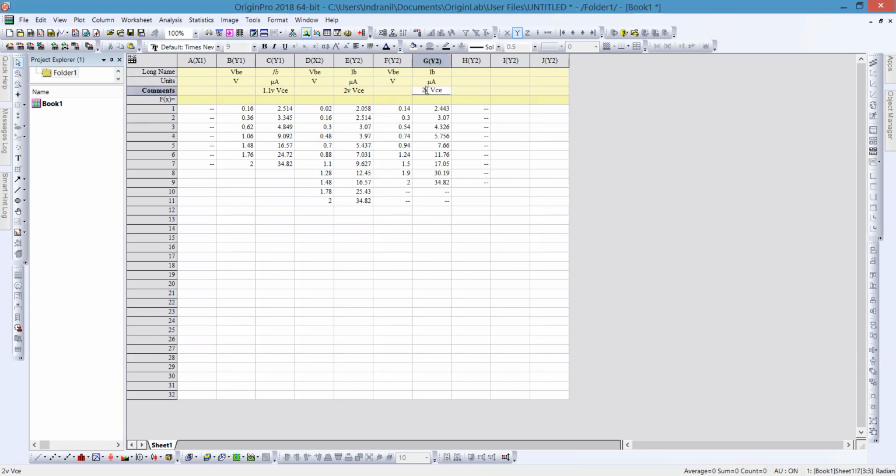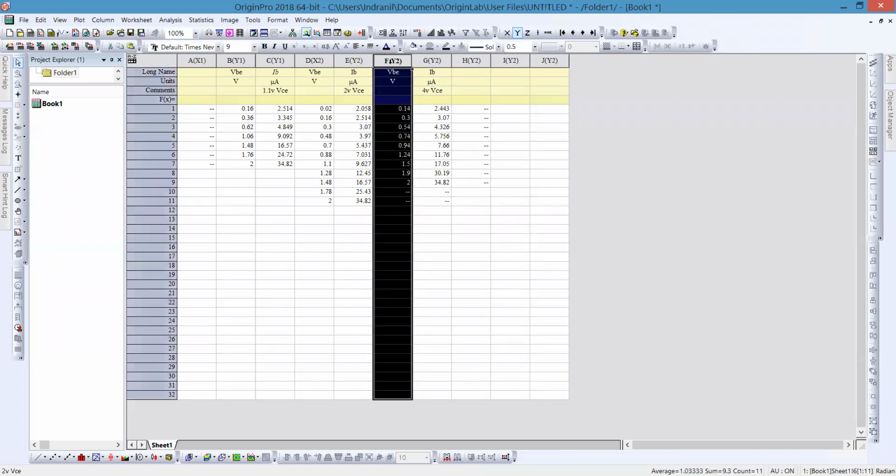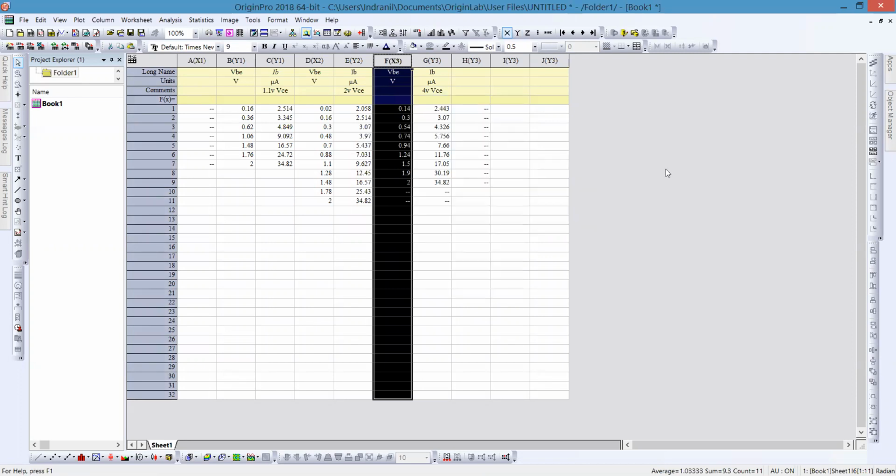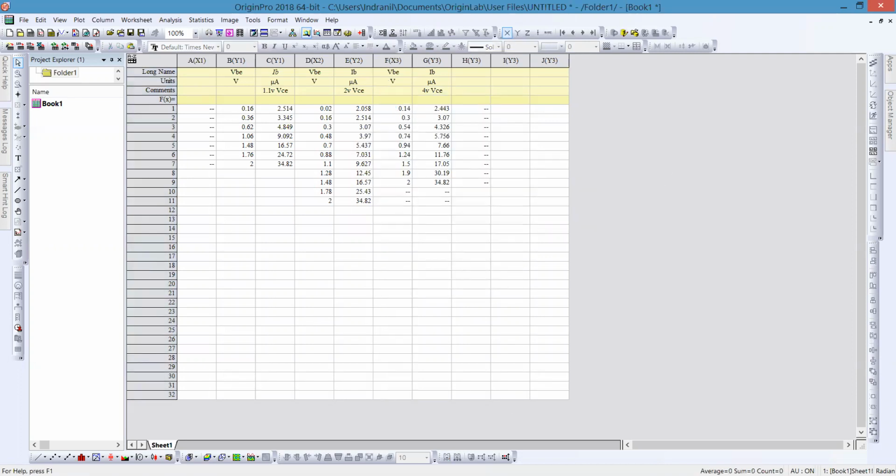Okay, for this one it is 4 volt. Good. Now convert it into X. We'll have only one more set of data. Let's say 4 volt, and let's have some maximum value for that one. Then only we'll see what the effect will be.